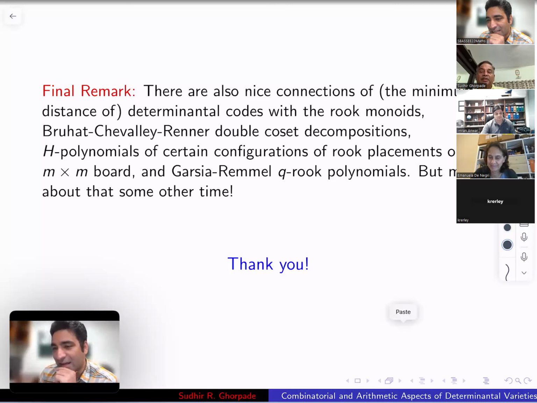No. So the symmetry is in the shape. You see, that's simply because you should think of the rows of a bitableau as a combinatorial way to encode a minor of, let's say, a generic matrix. So you have an L cross M matrix.